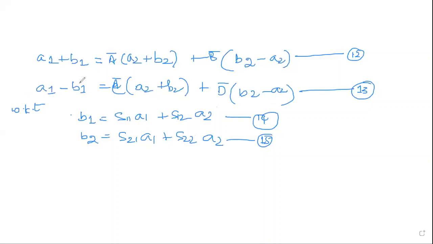Now just check, these two equations are not in the form of this equation, because we need an equation having B1 on the left hand side, and A1 and A2 on the right hand side. So we need to bring this equation into the form B1 is equal to S11 A1 plus S12 A2. What process can be done to bring this into that form?